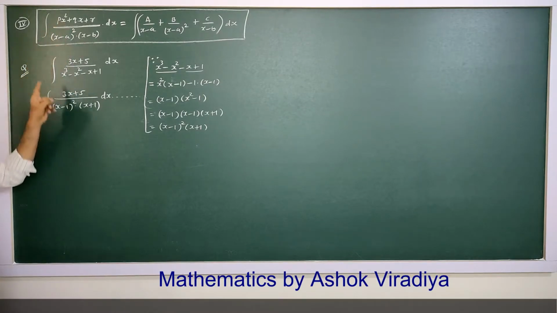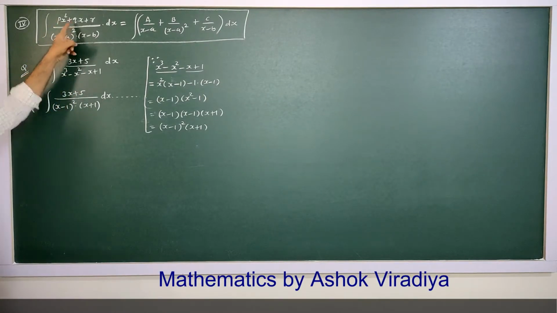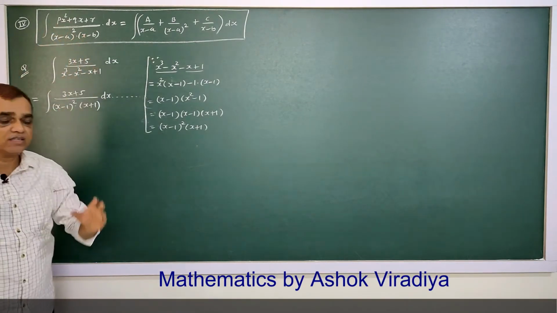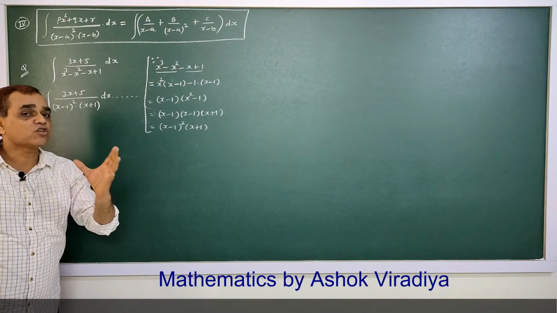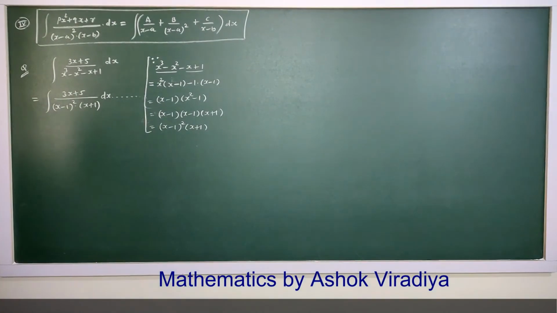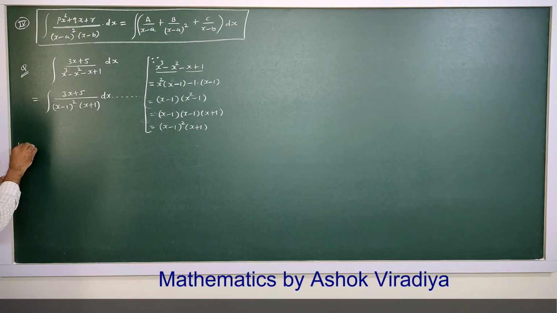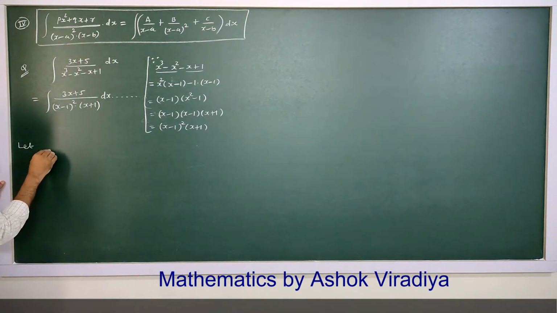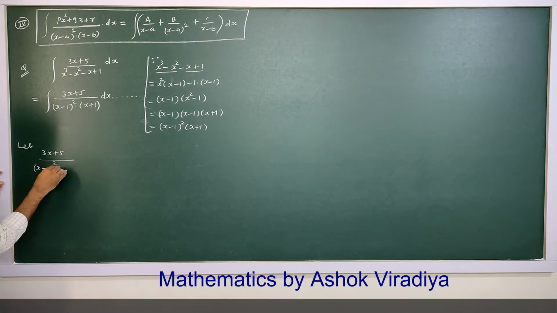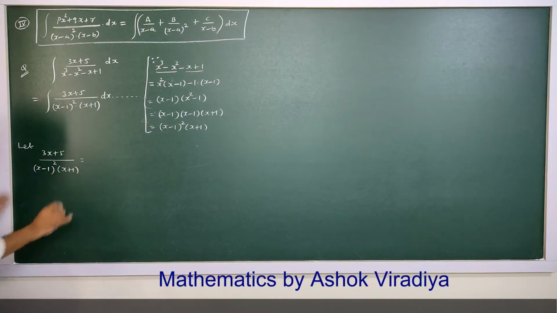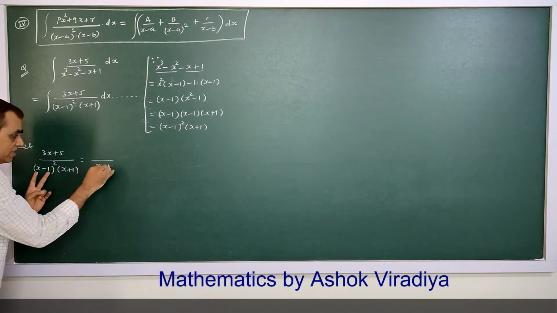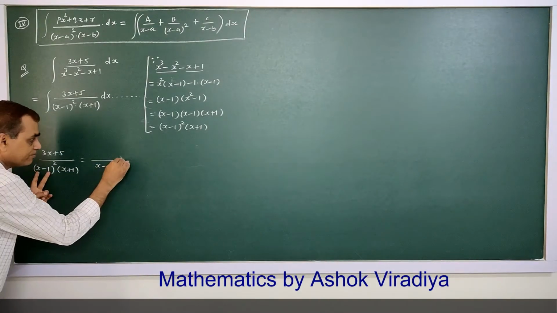Px square, in this case p is 0, q is 3 and r is 5. P, q, r can be any constants. So now by this method, this can be converted in this form. So 3x plus 5 upon x minus 1 whole square, x plus 1 can be expressed as: put x minus 1, this is repeating, so keep it one time.